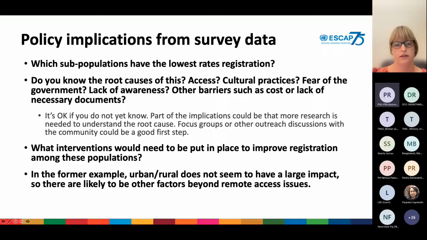And it's okay to just say that, you know, maybe we need to do some focus groups or some outreach, or even some more desk reviews or whatnot to understand what's going on in these communities and how we can improve registration. But if we do know, or we have a pretty good idea, our next step would be to determine what interventions would need to be put into place to improve registration in these marginalized populations.